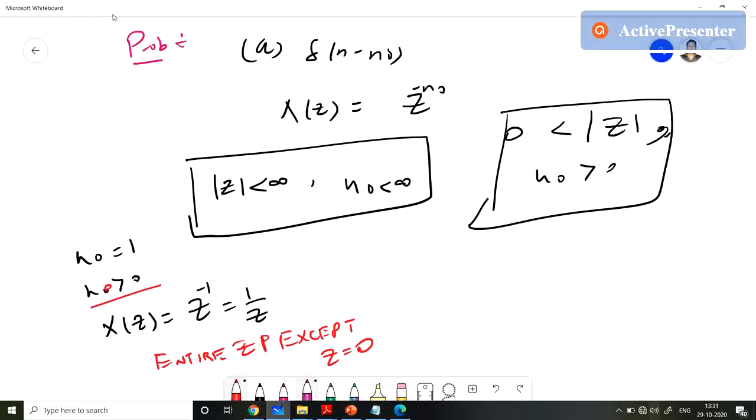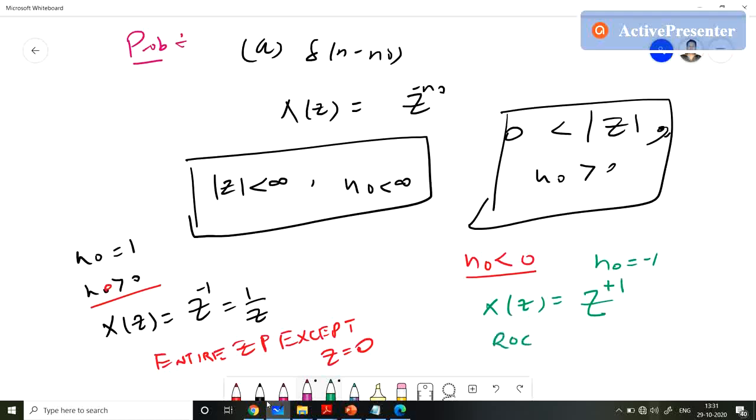Now there is another case when we have n naught less than 0. When n naught is less than 0, suppose n naught is equal to minus 1, for example, then X(z) is z raised to the power minus of minus, which becomes plus, so it is z raised to the power plus 1.